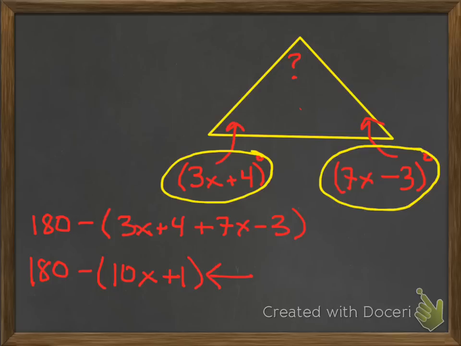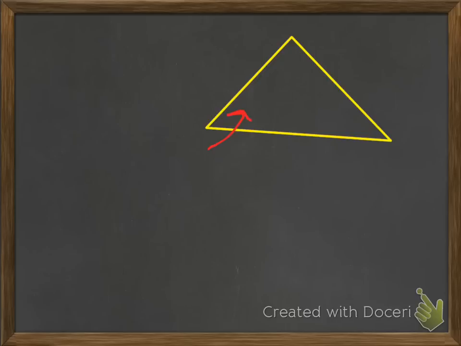Alright, so I'm going to do another one, and I want you to go ahead and do this one on your own, and then pause it and check it. So this angle is 2x squared plus 2x minus 1.